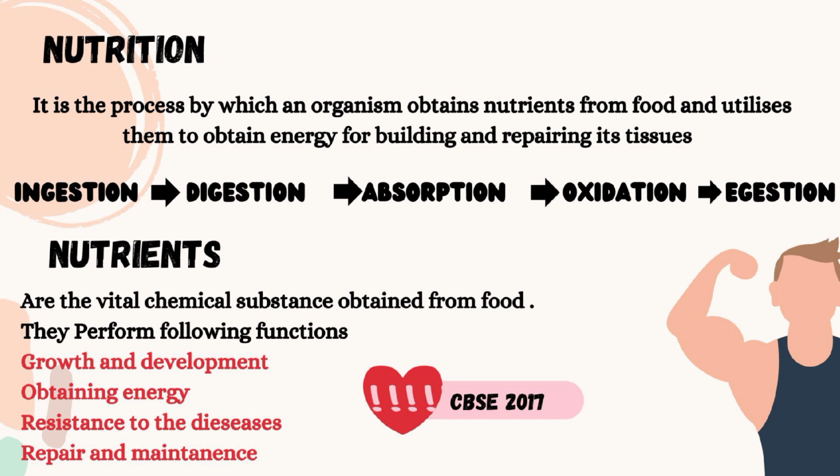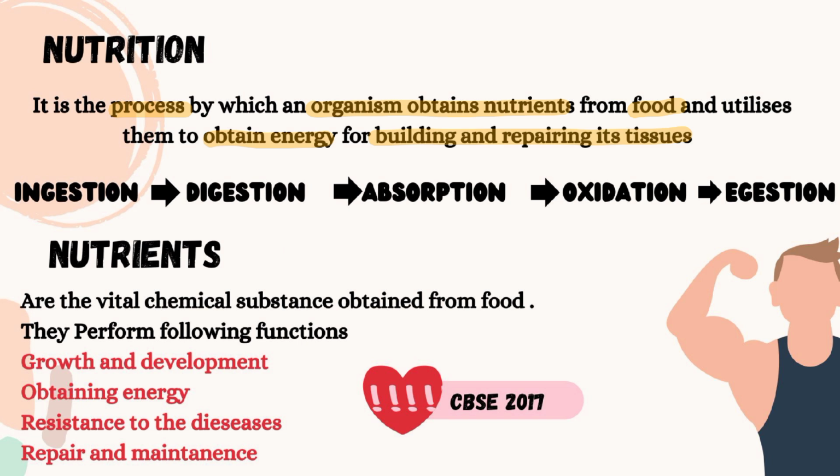So nutrition on the whole is a process by which an organism obtains nutrients from food, and these nutrients are broken down to obtain energy, and this energy is used for building and repairing the tissues. We eat food, and this food is broken down to provide energy, and in turn this energy is given for the process of building and repairing the tissues.